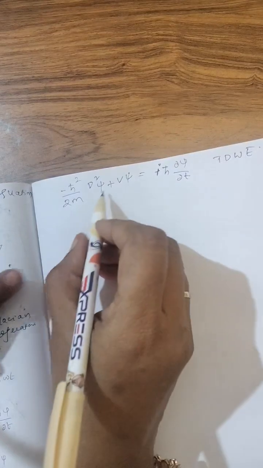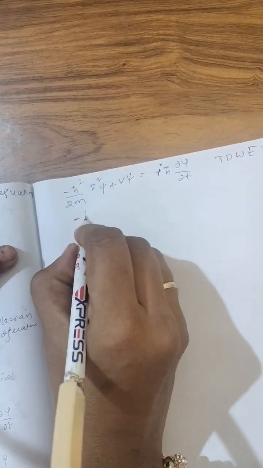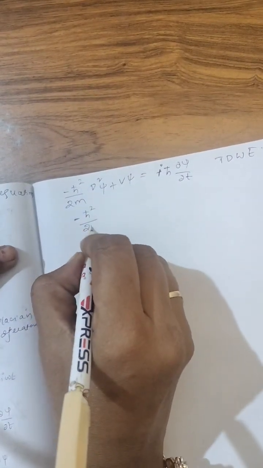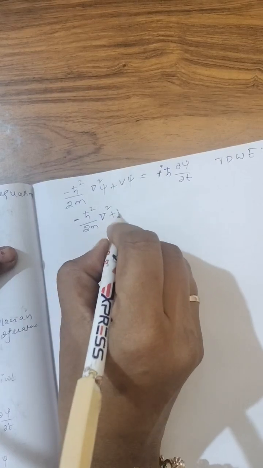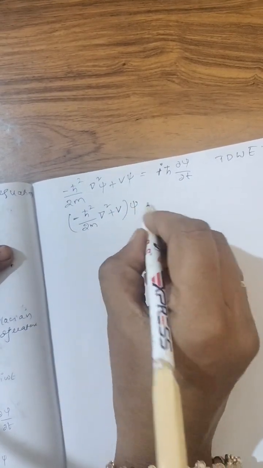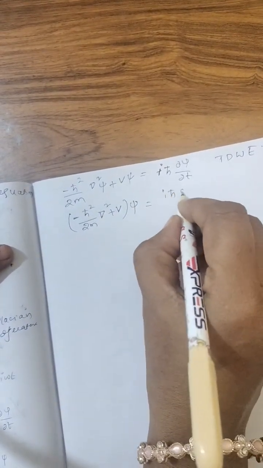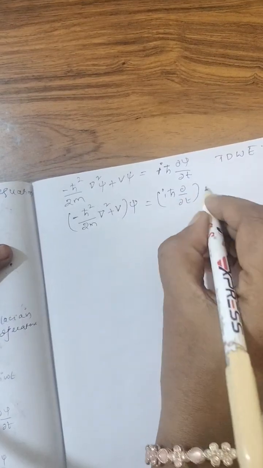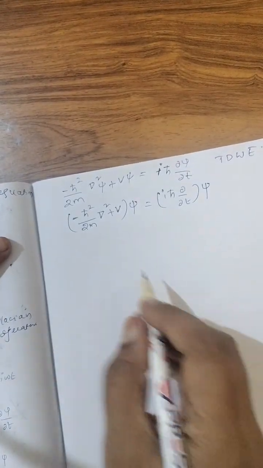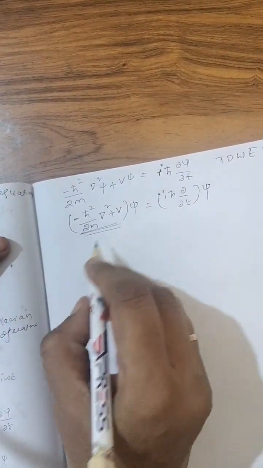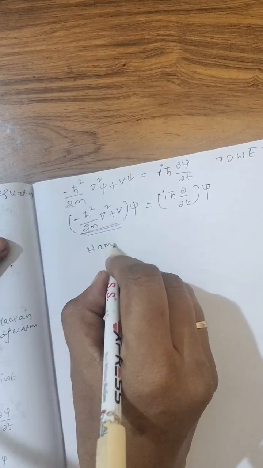Now next, here psi I am taking common. Minus h cut square by 2m del square plus V into psi is equal to I h cut dou by dou t psi. Now this is nothing but Hamiltonian operator.